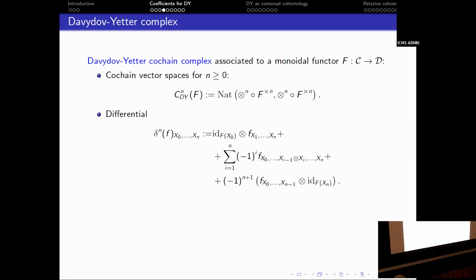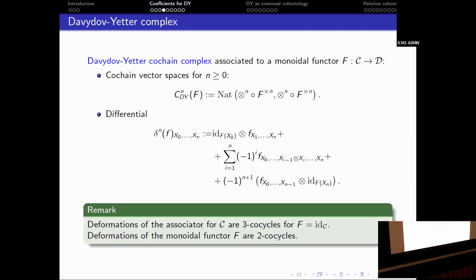That's a vector space, a finite-dimensional vector space. And then you write down a differential, and very roughly speaking, it looks very similar to a Hochschild differential, but here instead of a product, you have a tensor product. And we will see that this is actually Hochschild in the appropriate setting. This is also not a new thing, but it's an easy exercise now to check that deformations of the data are 3-cocycles for the identity, and deformations of the monoidal functor are 2-cocycles.